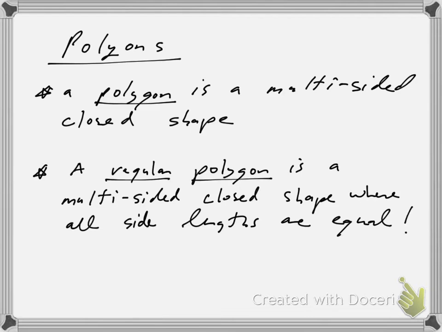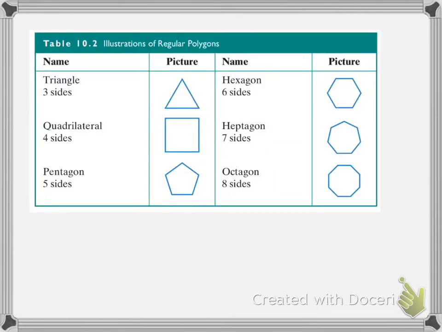So that's a regular polygon. So here's a picture of all of the regular polygons that we would normally use in this class. Okay, so here are the different types of regular polygons.